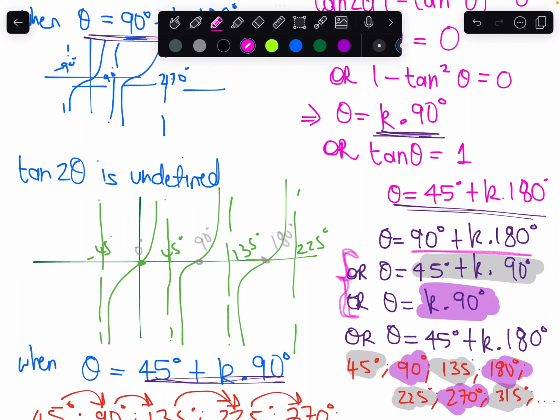The 90 plus k times 180, well, 90 is a multiple of 45, 180 is a multiple of 45. So they are not going to bring up different numbers to what we're already covering here. And similar reasoning here. 45 is obviously a multiple of 45, 180 is a multiple of 45. So this is also not going to bring up any new numbers to what is in this sequence of numbers.